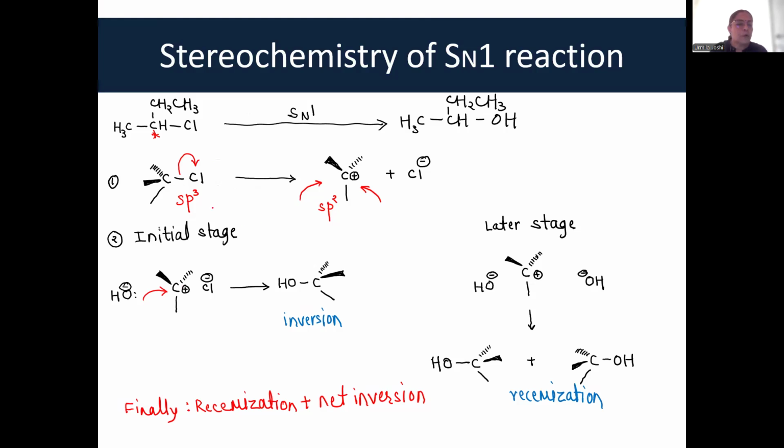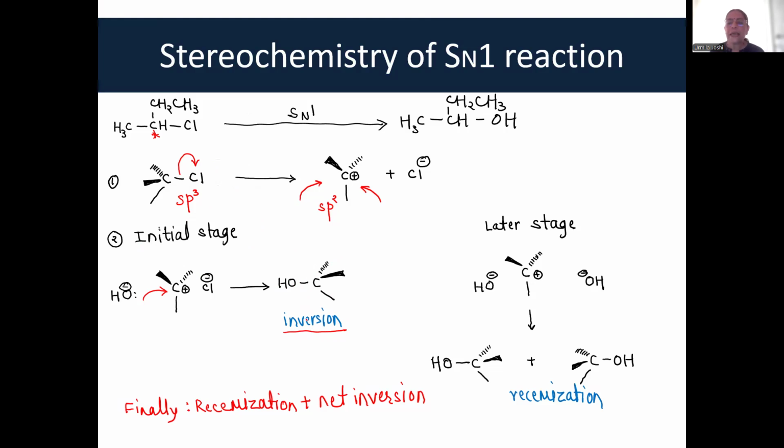Right? When OH attacks from the opposite side, the product that is formed has inverted configuration. The initial configuration, Cl was on your right. Now the Cl is on your left.